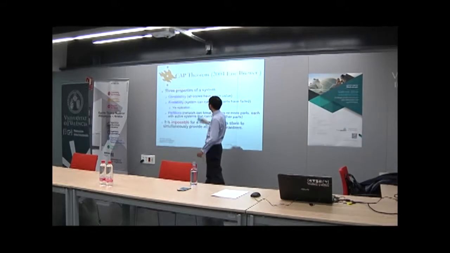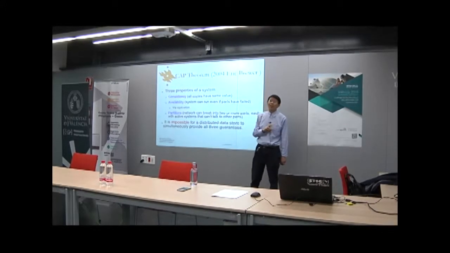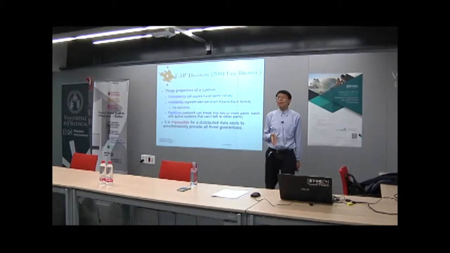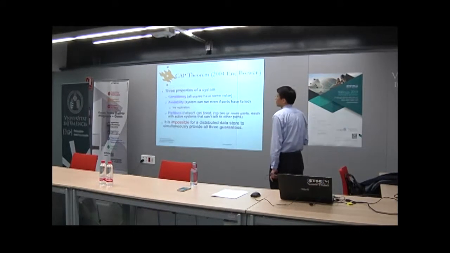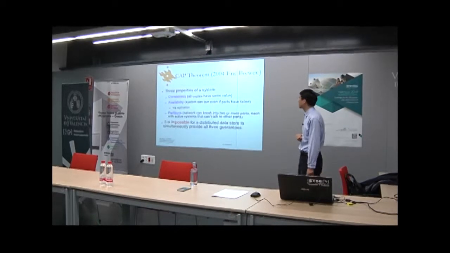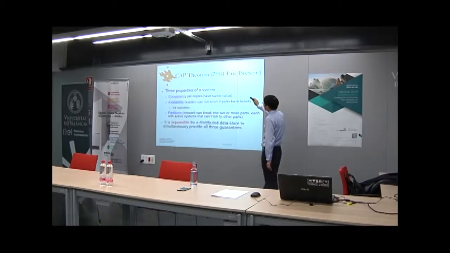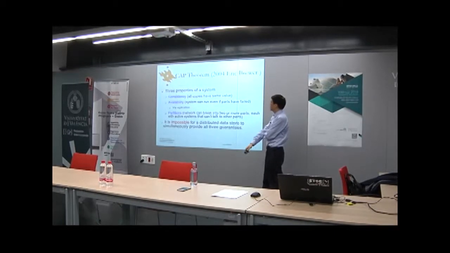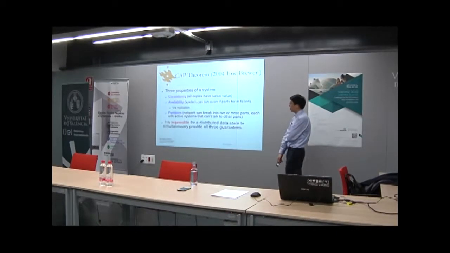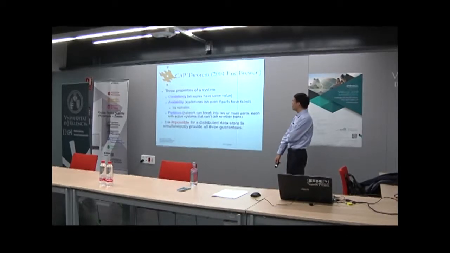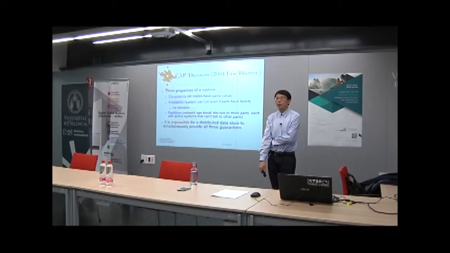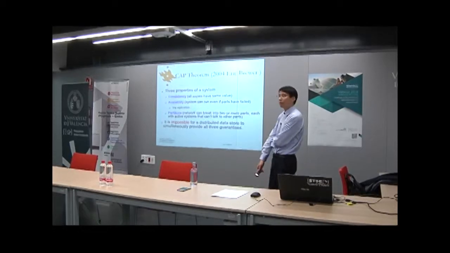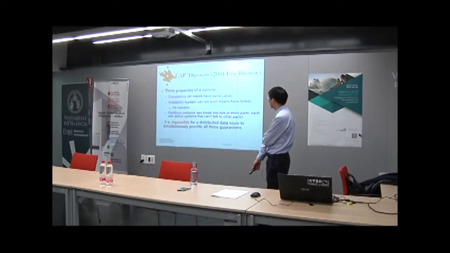The previous ACID consistency means each data value satisfies the data constraints. Availability means that the system can run even if part of the system has failed, because they have some replications. So they can maintain availability even if there are failures on some machines.